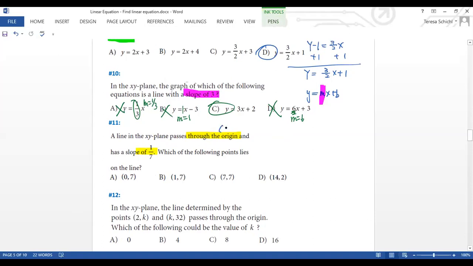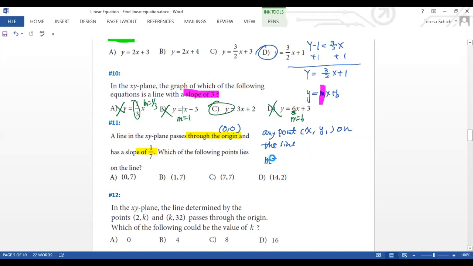The origin, that means the point is what? 0, 0, right? And the slope, that means for any point on the line, let's say x1, y1 on the line, the slope has to be 1/7.